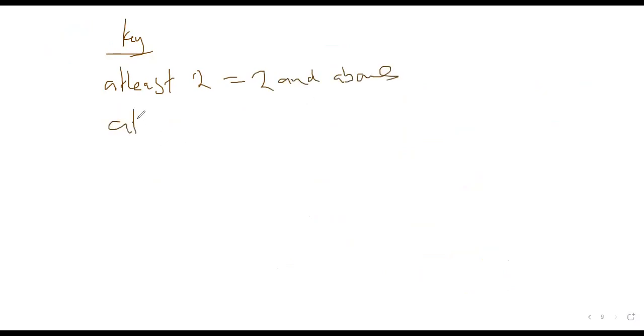All right. Now, we need to understand some probabilistic language. When you get the words "at least 2," what does it mean? It means 2 and above. When you hear the words "at most 2," what does it mean? 2 and below.